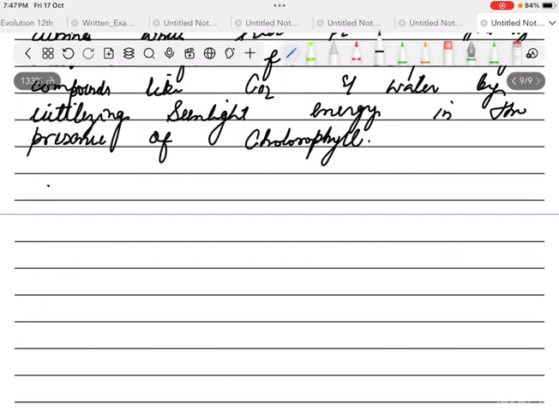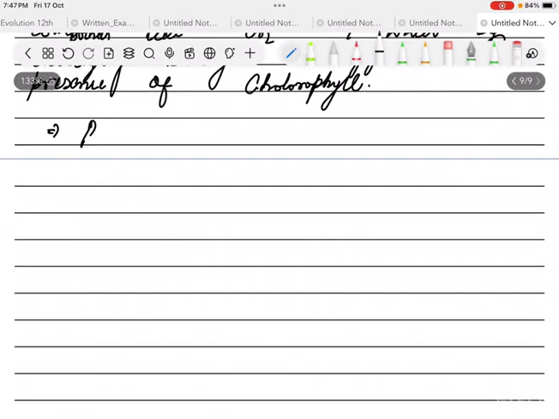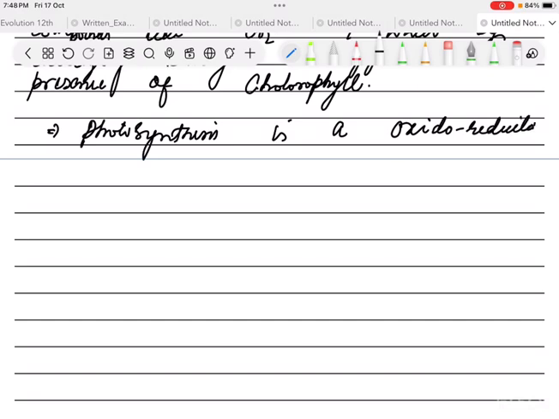Or we can also say that photosynthesis is an oxidoreduction reaction. Why an oxidoreduction reaction? Because there is oxidation of water and reduction of carbon dioxide.